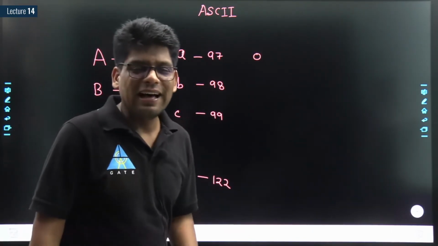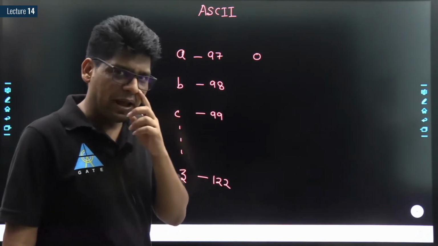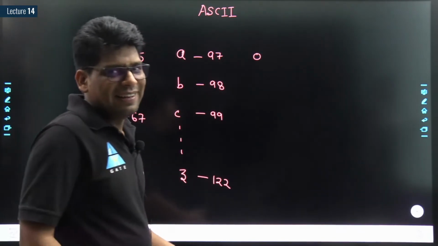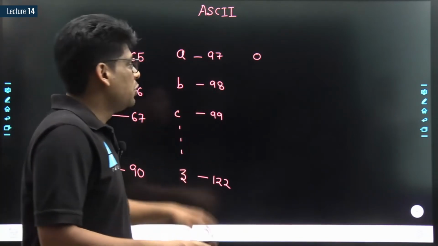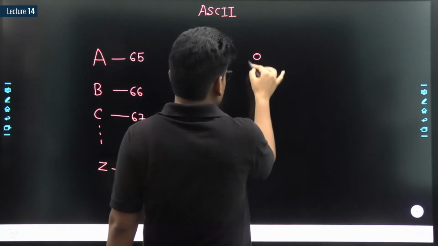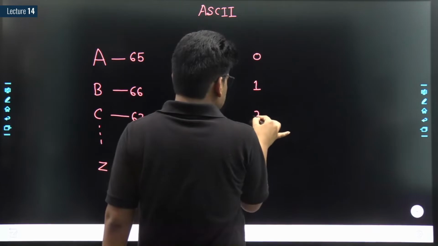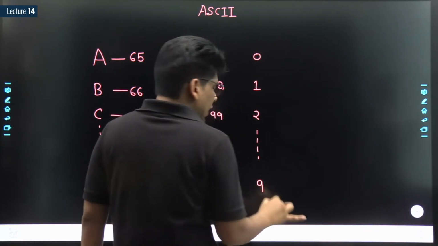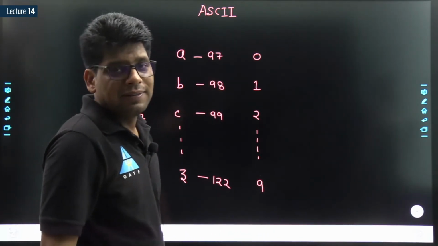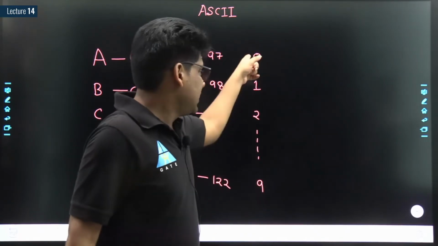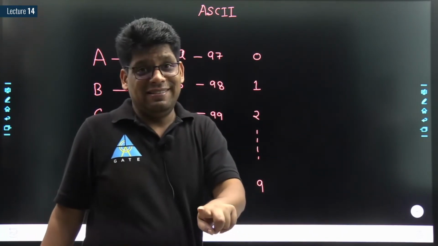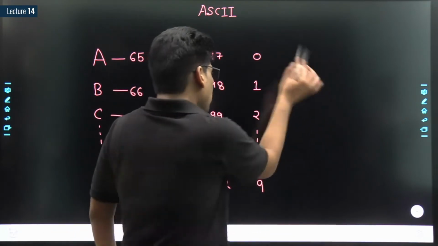ASCII codes are basically for C programming. C programming uses ASCII code. Even on the keyboard, we have 0, 1, 2, 3 up to 9. Is this a symbol? Yes, it is a symbol. That means 0 also must have some code.